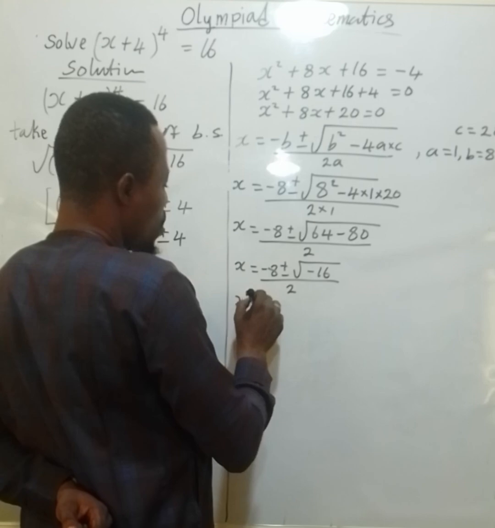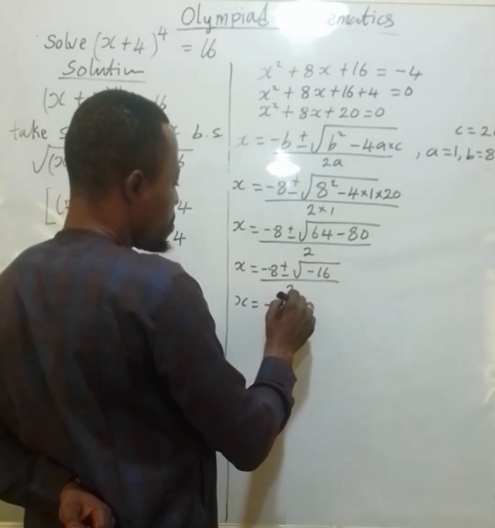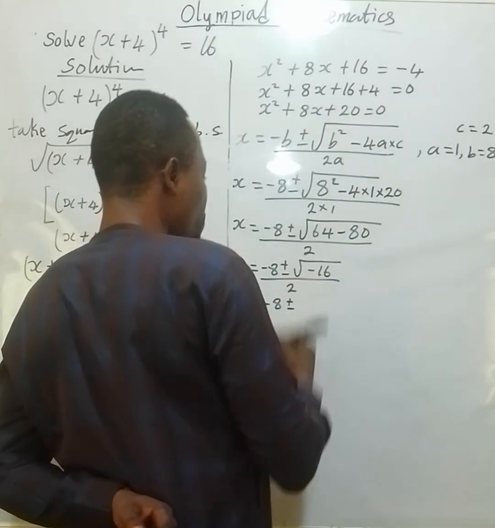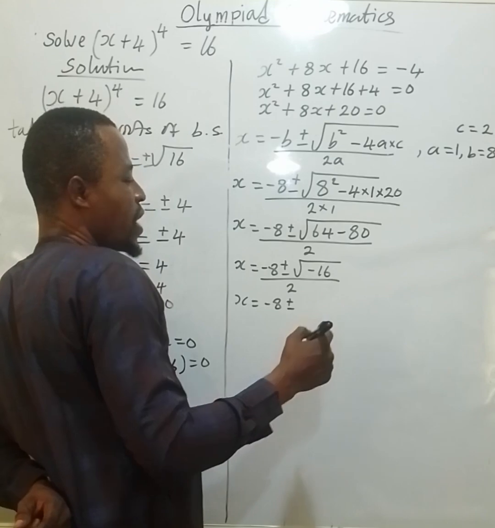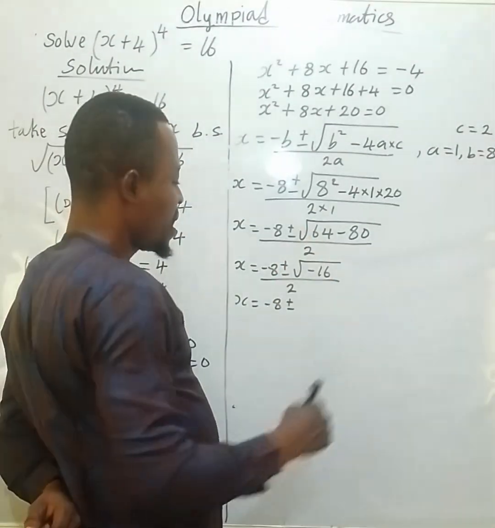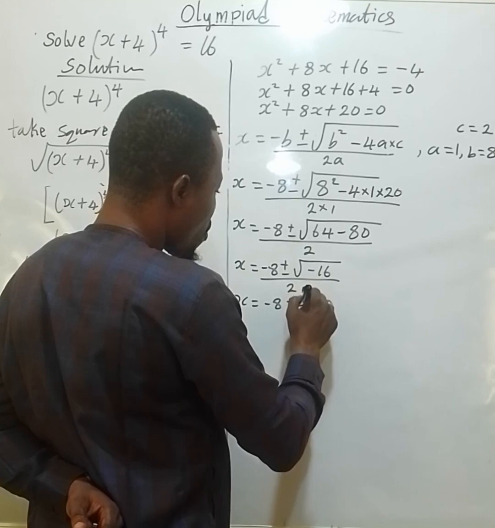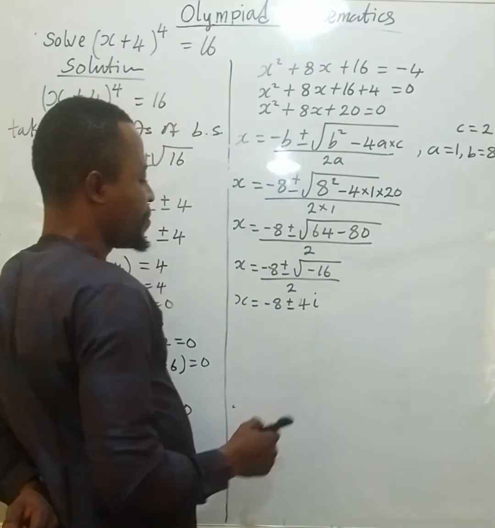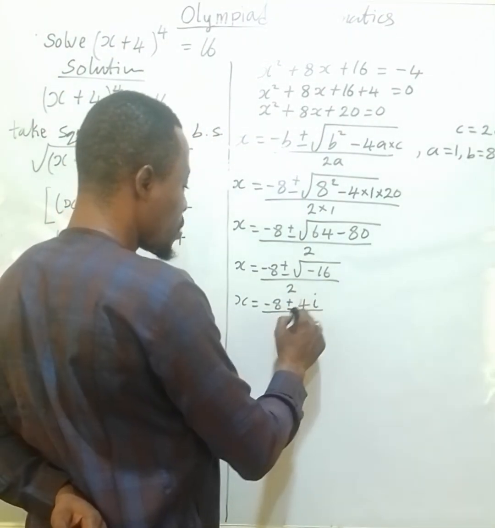Now x equals minus 8 plus or minus the square root of minus 64. If it were an ordinary 16, it would give us 4. But now that we have a minus there, it will now be 4i, because it's a real number over 2.